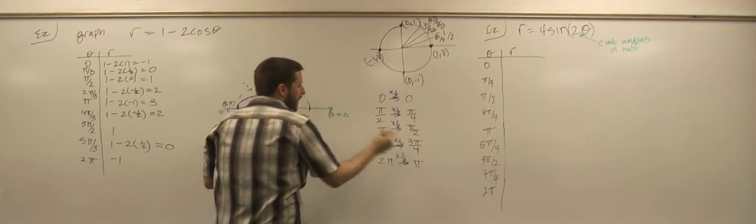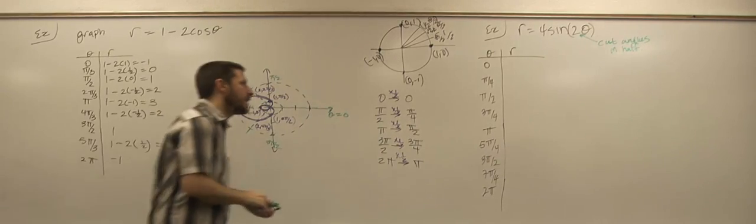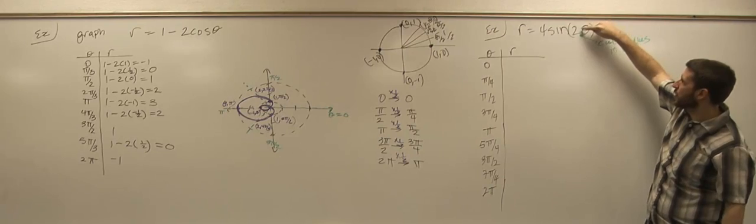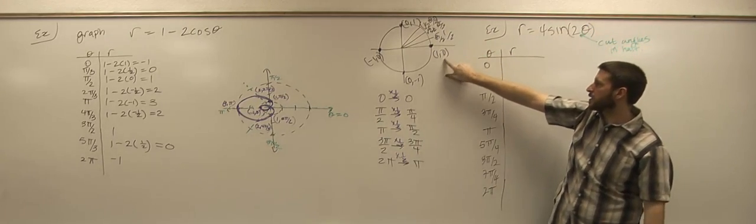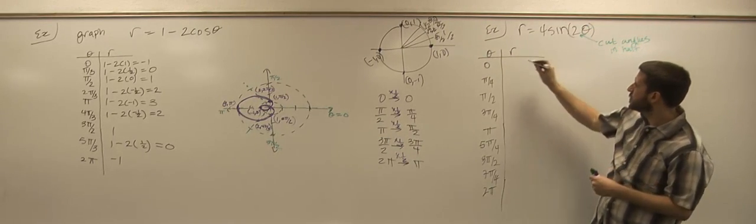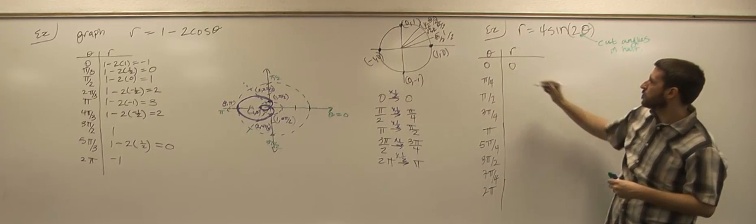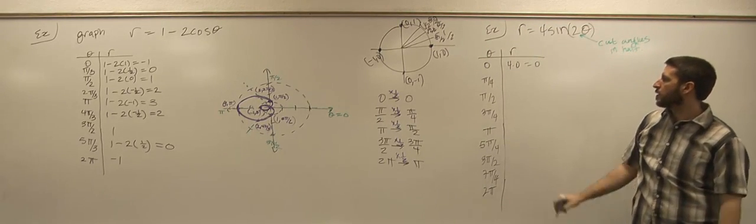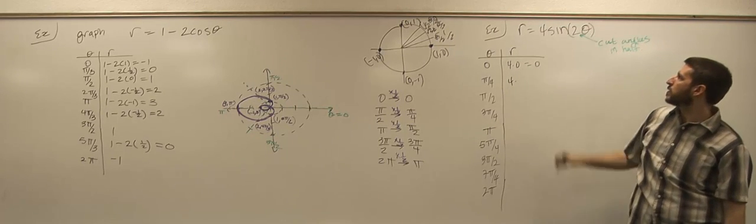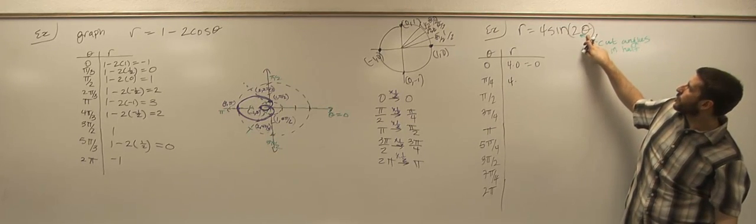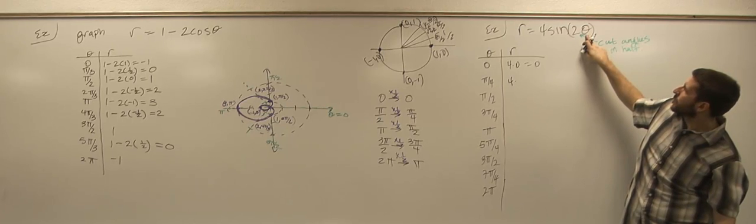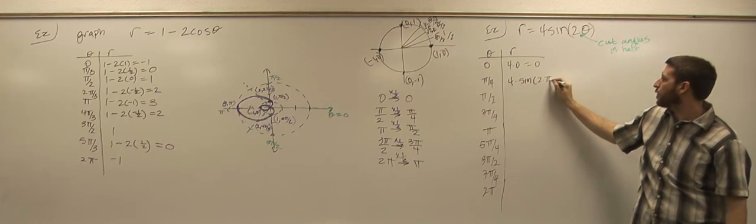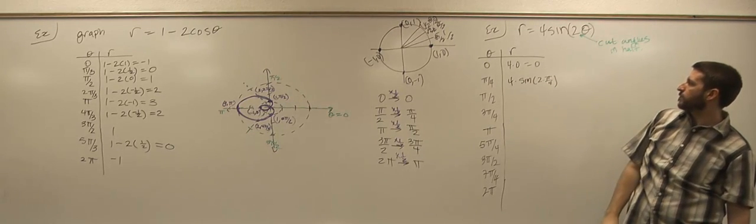All right, now what do we actually get? When you plug 0 into sine, 2 times 0 is still 0. So sine of 0 is 0. So at 0, we do 4 times 0, which is 0. What about pi over 4? We'll do sine of 2 times pi over 4, right?